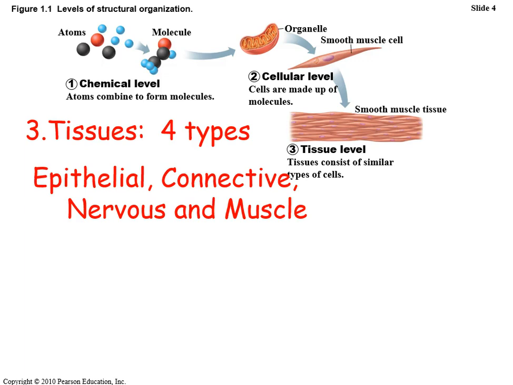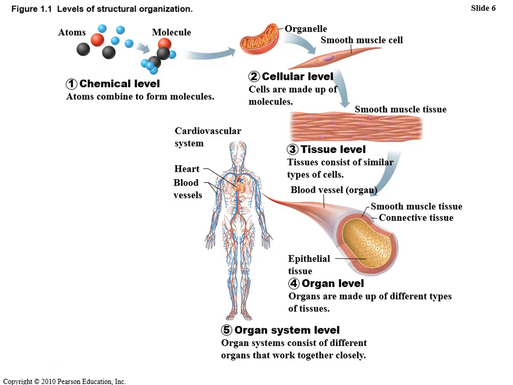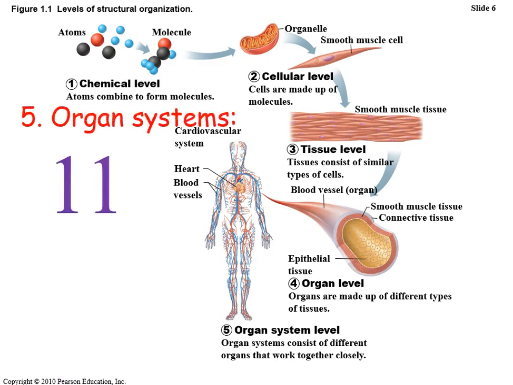And we'll discuss those later when we get to the chapter on tissues. Tissues go together to make organs. Organs go together to make organ systems, and there are 11 organ systems in your body. We will go through all 11 in a minute, talking very basic information about them, because throughout this semester and next semester, if you take A&P2, we'll cover all 11 systems in greater detail.